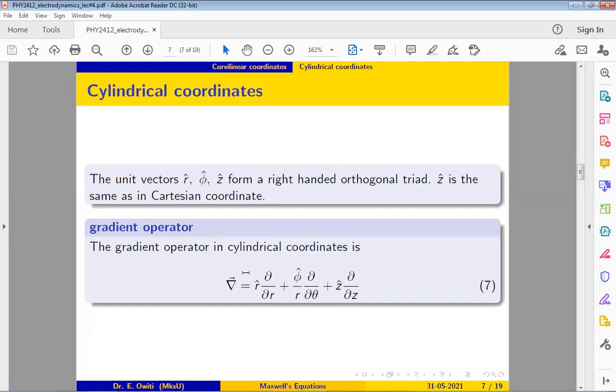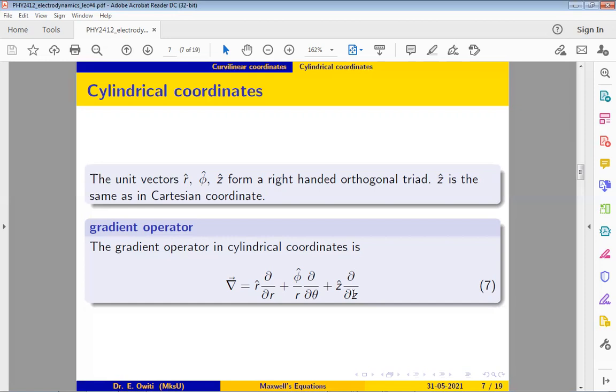You can see the unit vector r has a coefficient which is the partial derivative with respect to r. The unit vector phi has a coefficient 1 over r multiplied by the partial derivative with respect to phi. And finally, the unit vector z has simply the coefficient of the partial derivative with respect to z.